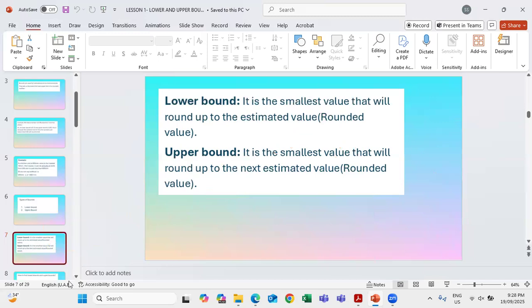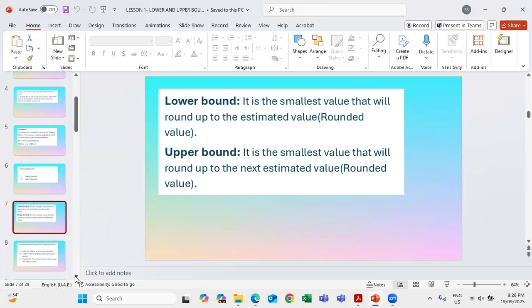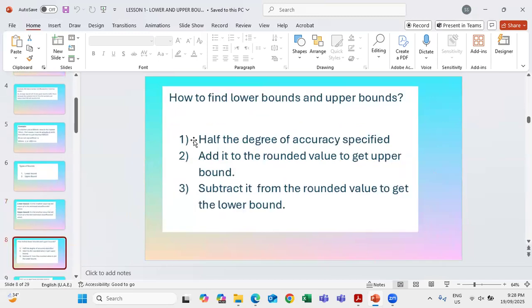Now we will be working on some examples as well. So here we have the question, how to find the lower bounds and upper bounds. There is a very straightforward method. In every question you will be given a degree of accuracy, like nearest 10 millimeters, or the nearest centimeter.